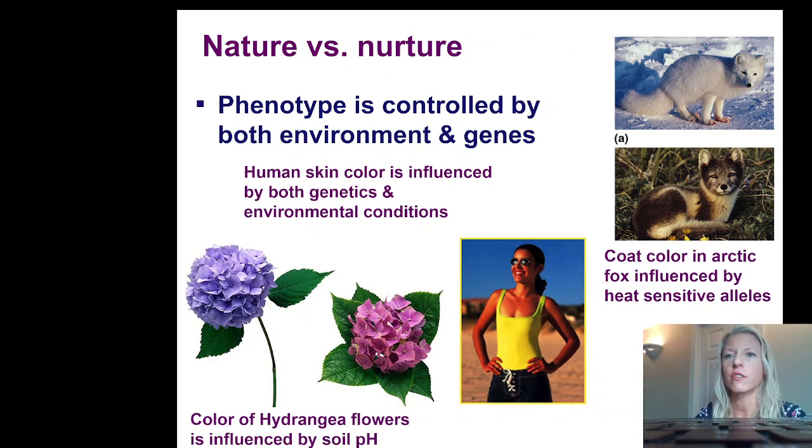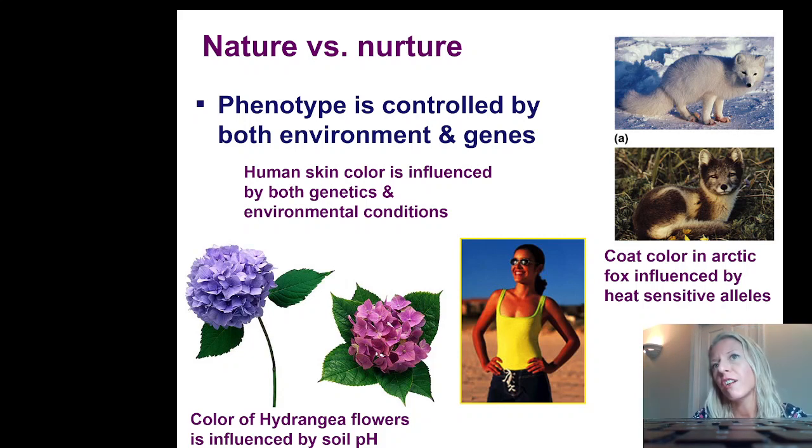So nature versus nurture. This is when the phenotype is controlled by both environment and your genes. Like our skin color as humans is influenced by both genetics and environmental conditions. For example, how much sun you're exposed to and how often is going to help determine the color of your skin just as much as your genes.